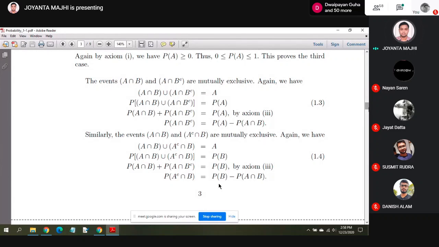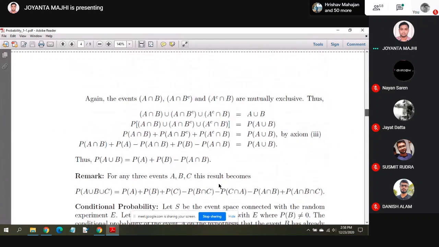Similarly, we can find that probability of A complement intersection B is equal to probability of B minus probability of A intersection B. Actually, we are trying to find probability of A union B. It can be proved that A union B equals A intersection B union A intersection B complement union A complement intersection B. From the Venn diagram, you can find that.